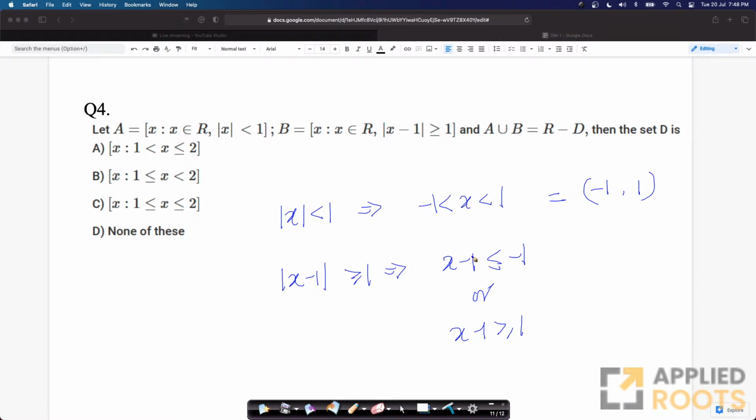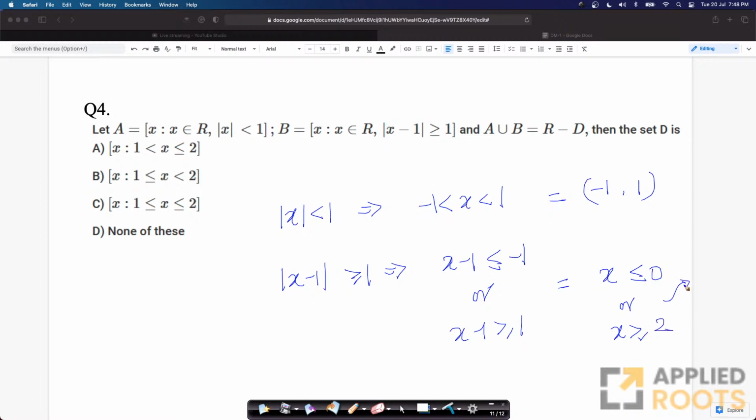Again, you can further simplify this. If I take the 1 to the other side, it becomes +1. So x is less than or equal to 0 or x is greater than or equal to 2.